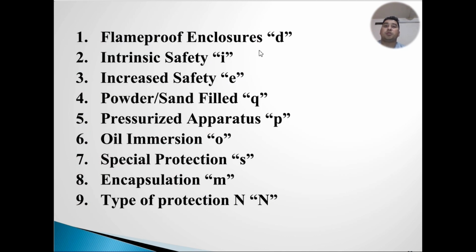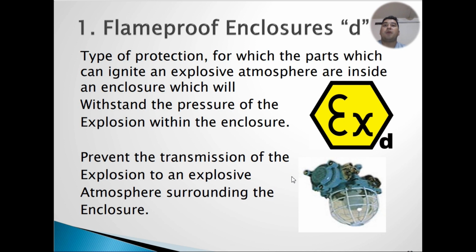Now the flameproof enclosures that we have to use, intrinsic safety, increased safety, powder sand filled, pressurized apparatus, oil immersion, special protection, encapsulation. These are the types of protection that we have to use. Now flameproof enclosures.